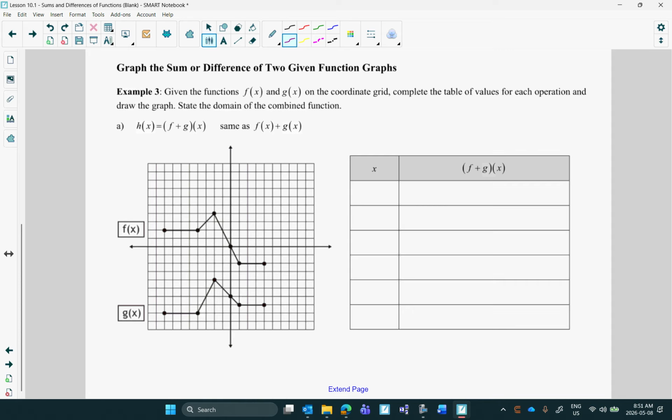Okay? Like for example, don't write this down. If this one had an arrow going this way, we would only graph from here to here because that's the domain they have in common. But if we notice, they have the same domain in common.